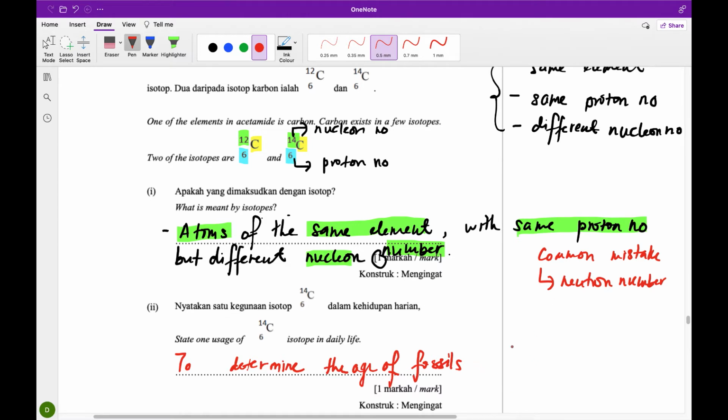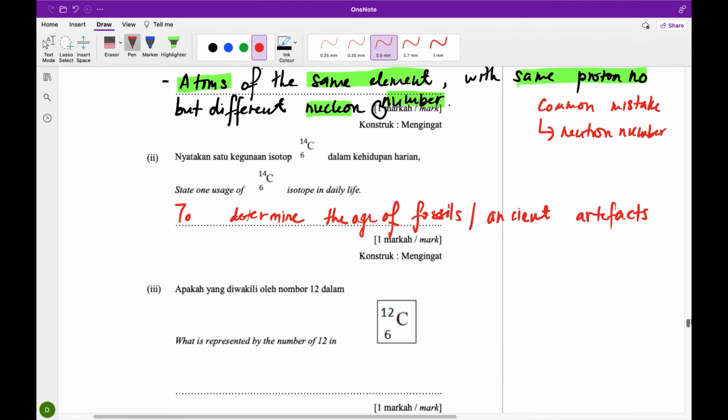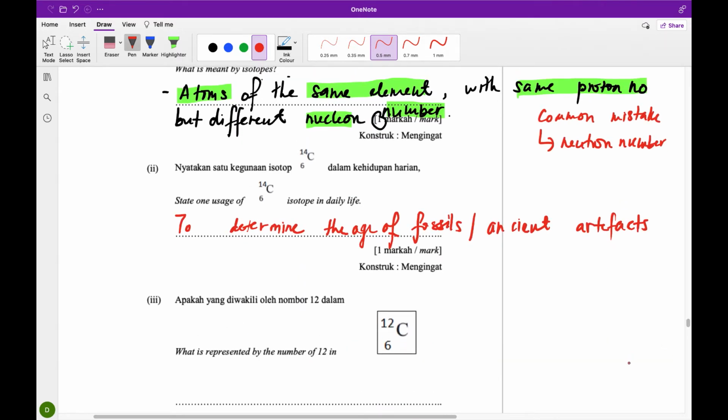Accepted, ancient artifacts. Other acceptable answers, you can write carbon dating is also correct. But make sure the spelling for fossils and artifacts are all correct. So you get one more mark there.